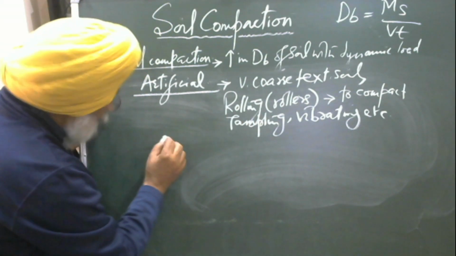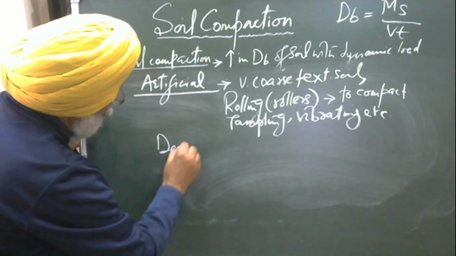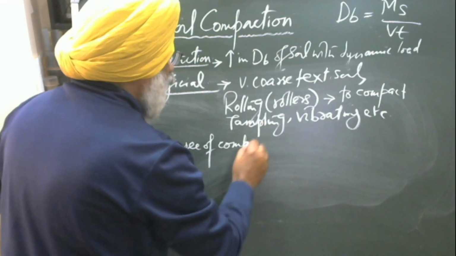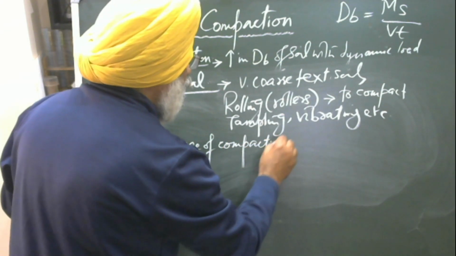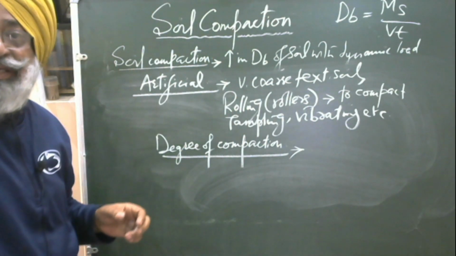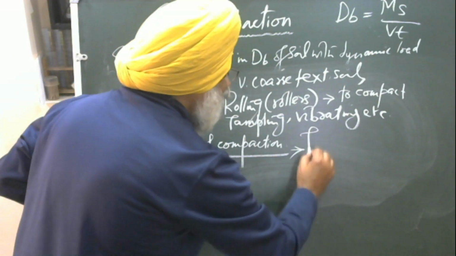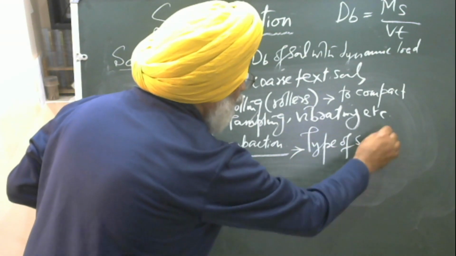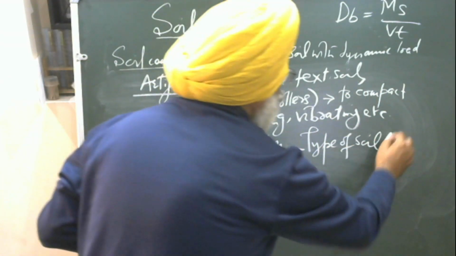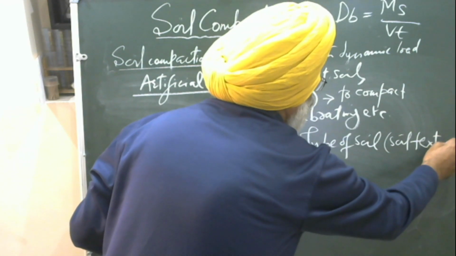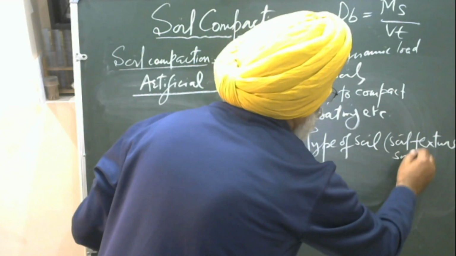Now the question is, this degree of compaction, what does it depend on? The most important thing is the degree of compaction depends upon the type of soil, nature of the soil. And when I say type of soil, I generally mean soil texture and to some extent soil structure.